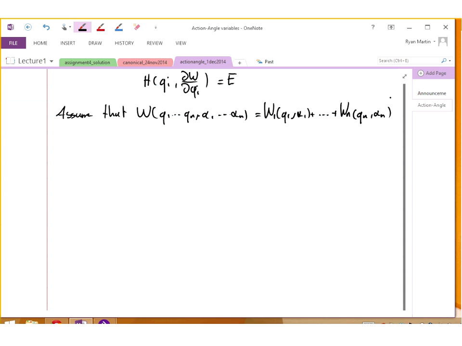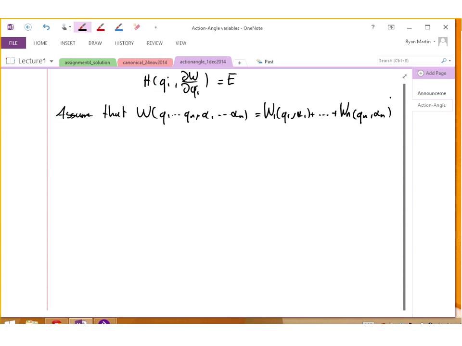So for this action angle variable, we're going to consider, in addition to all that, cases where motion is periodic. The whole point of this action angle variable approach is that we can learn about a system without actually solving for the system.